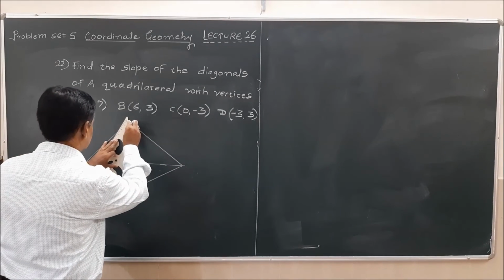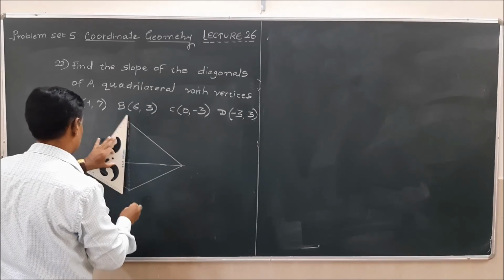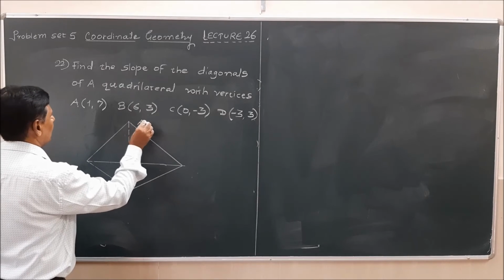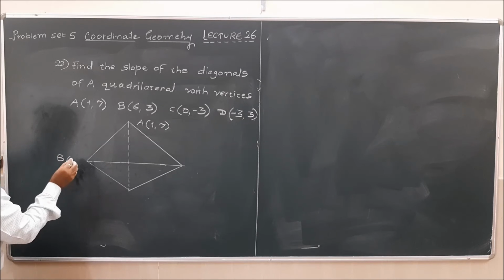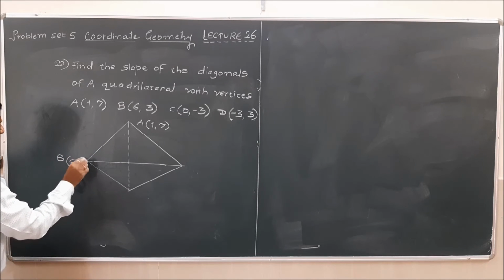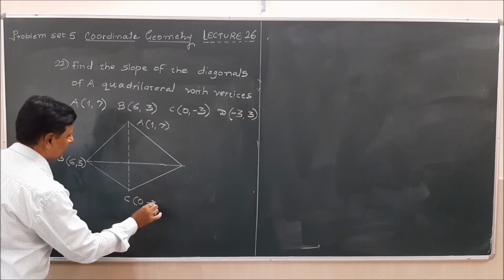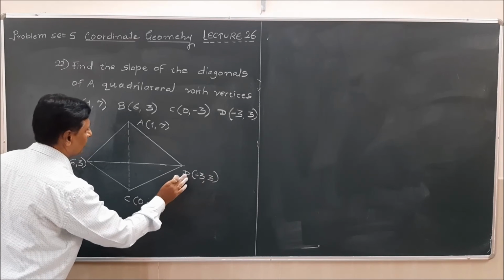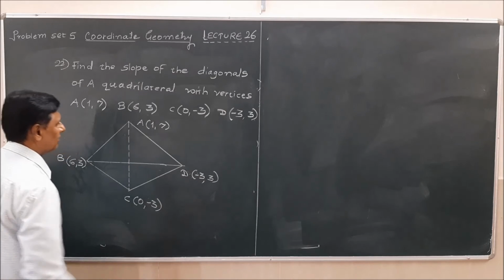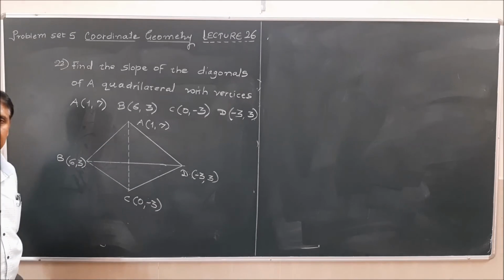So this is diagonal AC. A(1, 7), B(6, 3), C(0, minus 3), and D(minus 3, 3). Now I am going to find out the slope of this diagonal AC as well as diagonal BD.